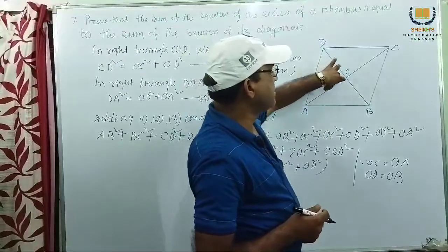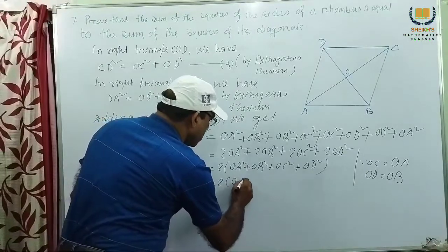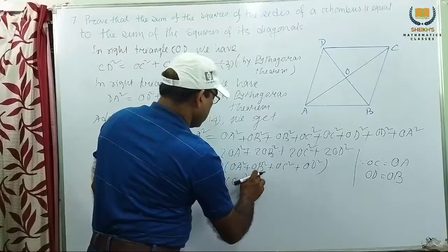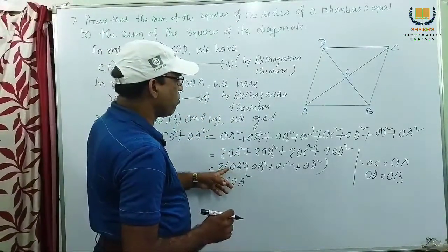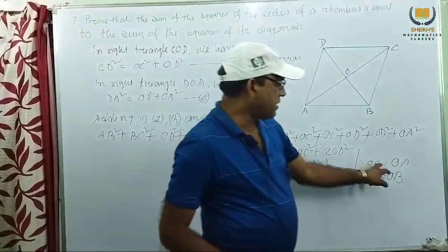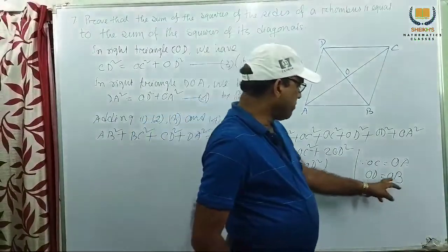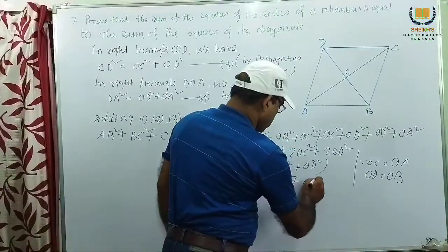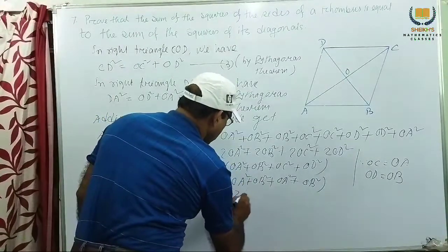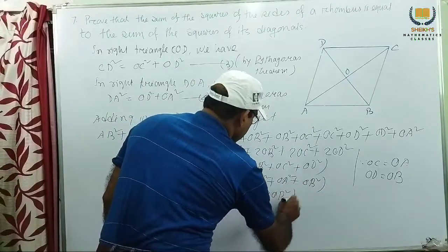So in place of OC we write OA, and in place of OD we write OB.